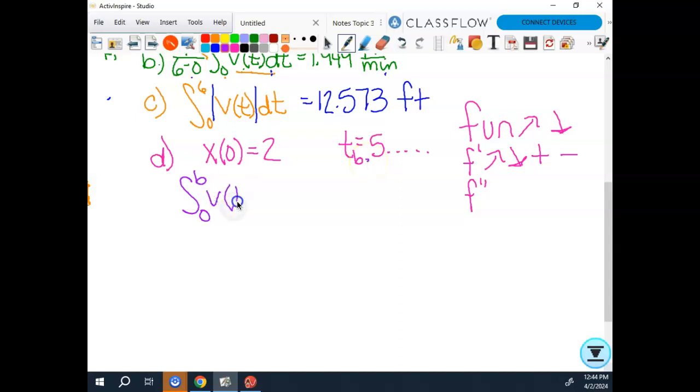If I integrate velocity, how can I make this part of things? The distance I have traveled is my final position minus my initial position, right? Do I know my initial position? It's this right here. I want my final position. When I integrate velocity, this is my final position minus my initial position. It is the fundamental theorem of calculus.